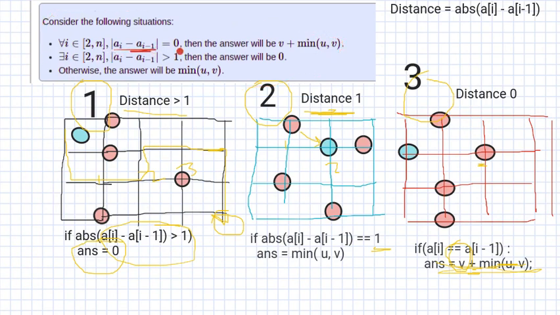When the distance is 0, that is, when they are placed one above the other, you have to take a horizontal displacement and then choose between horizontal or vertical. When the distance is greater than 1, the answer has to be 0, because you have got an opening and you don't need to displace anything. But if the distance is 1, then you need to take either a horizontal or a vertical displacement, whichever costs less.